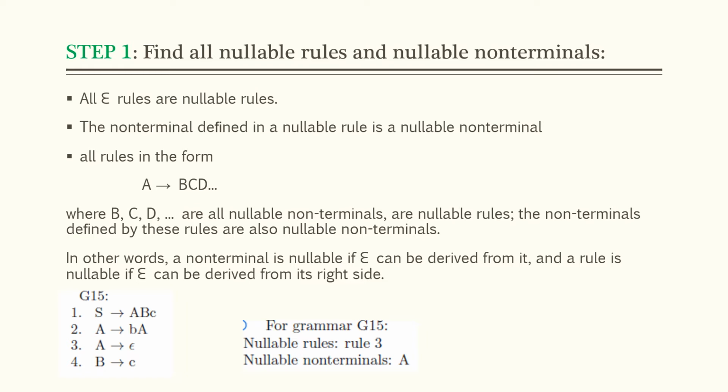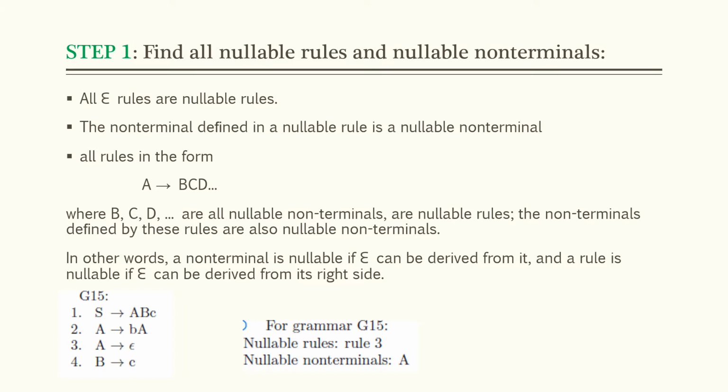All rules in the form of A goes to B, C, D, where B, C, D are all nullable non-terminals, are nullable rules. If they contain all nullable non-terminals, the rule is considered a nullable rule. The non-terminal defined by these rules is also a nullable non-terminal. In other words, a non-terminal is nullable if epsilon can be derived from it.